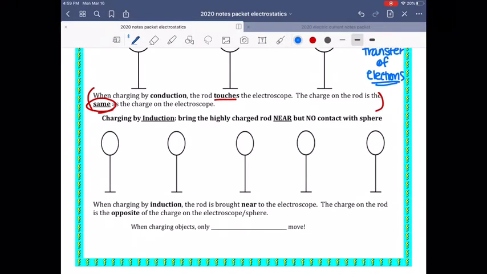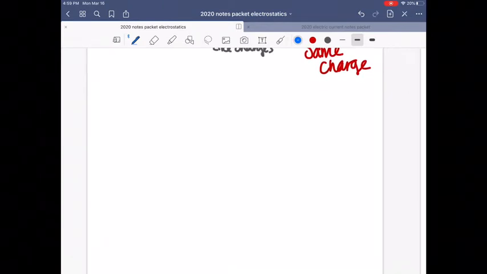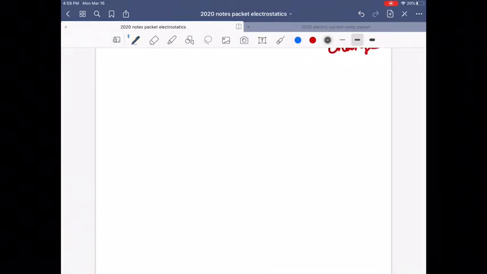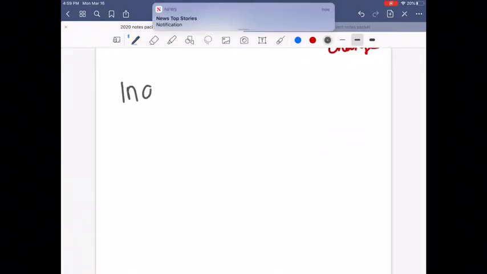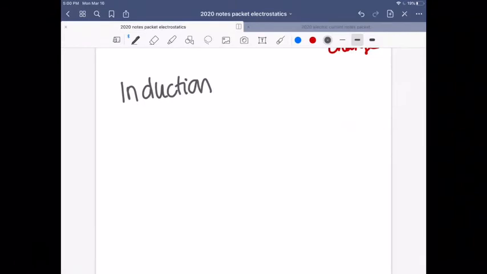Induction is when you bring a charged rod near to but not touching the sphere. So I'm going to do another picture for this as well. So we're doing induction. All right, induction.